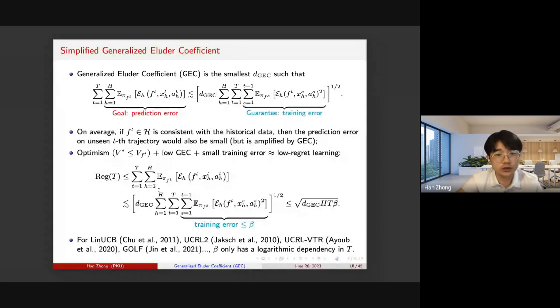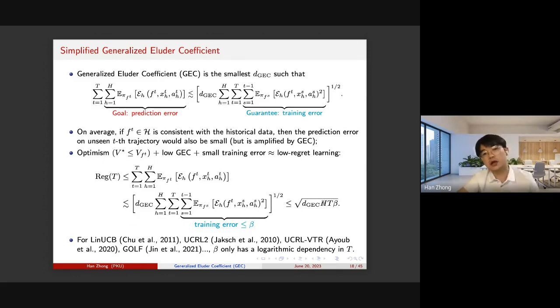If we additionally have the training error bounded by beta, then we have a regret of square root of d_GEC H T beta. I want to emphasize that for many UCB-based algorithms, for example linear UCB, UCRL2, and UCRL-VTR, beta only has a logarithmic dependence on T. So now we have a perfect square root T regret.